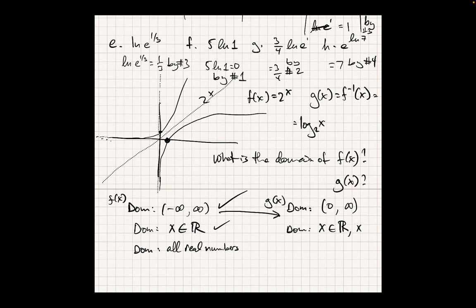Positive. So how do I write that in math symbols? Greater than 0. Just like that? That's correct.